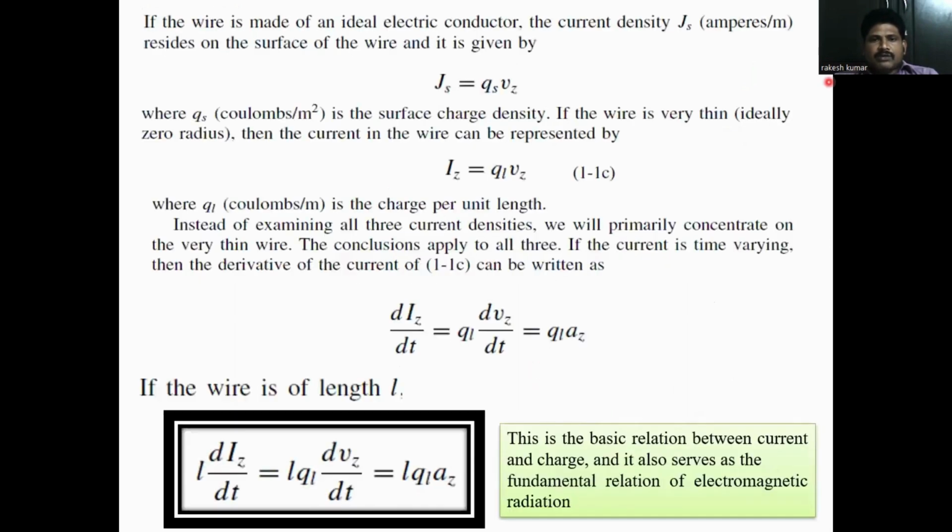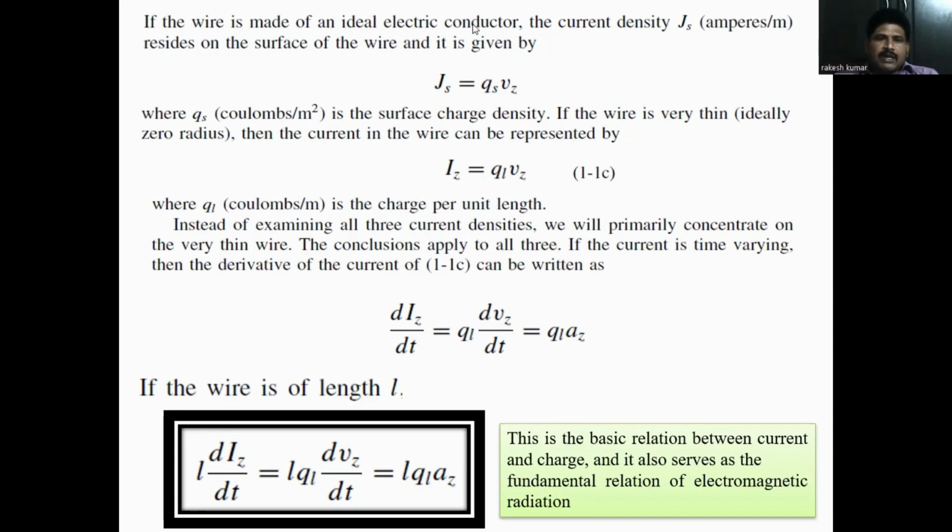For example, let us consider what is meant by a perfect conductor. In a perfect conductor, where does the current pass? Always in a perfect conductor, the current will pass only on the surface. It doesn't go inside. So if the wire we have taken is a perfect conductor, all the current will move on the surface.